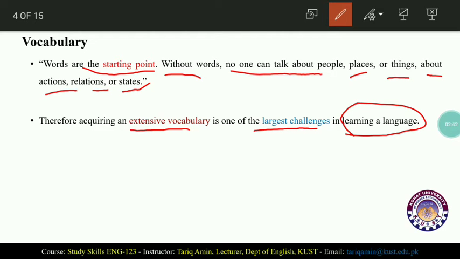For example, if you want to learn Chinese language, first of all, you need to acquire some vocabulary. You need to learn some Chinese words. So words are very important in a language.